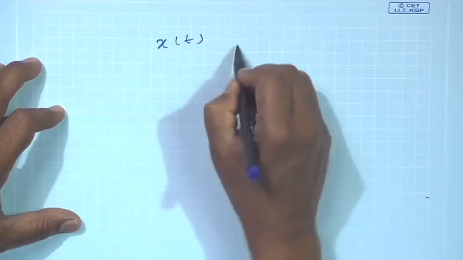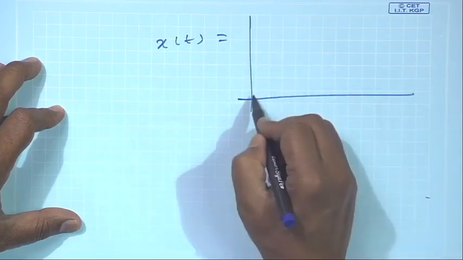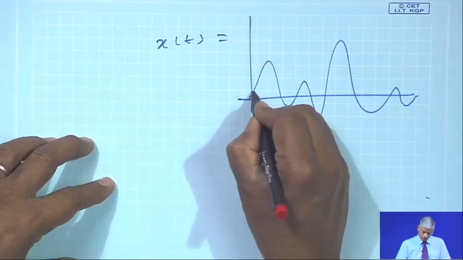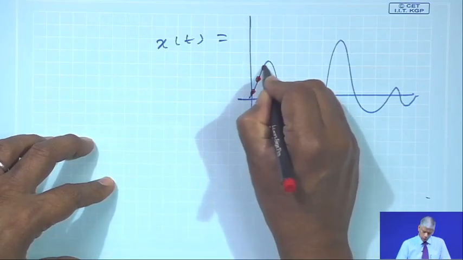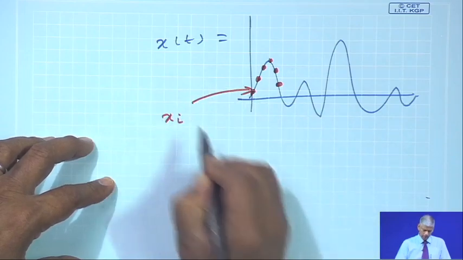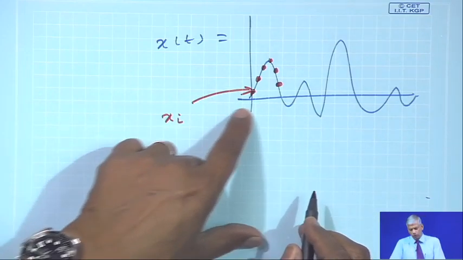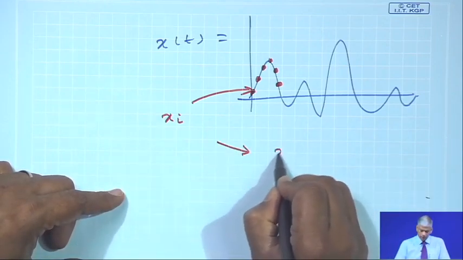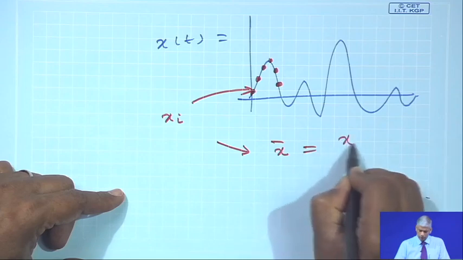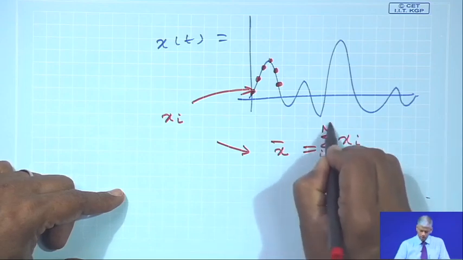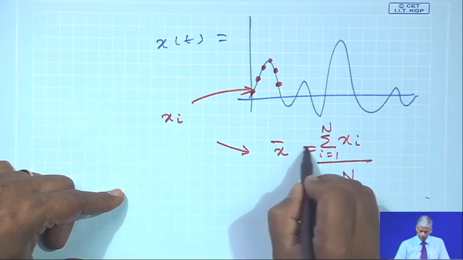Instead of x(t) representing this signal, I have closely spaced points x_i. So, if I have such a sequence of x_i, I can analyze them as nothing but the sum of x_i from i equal to 1 to n, divided by n.